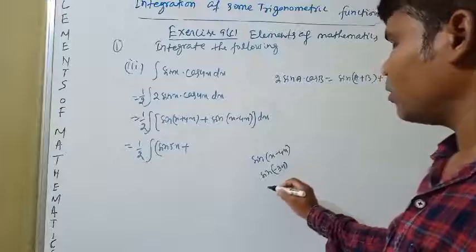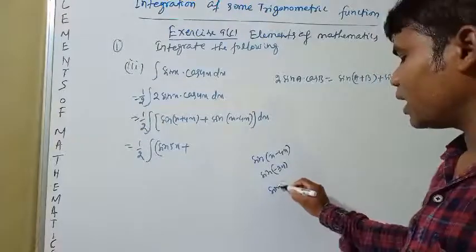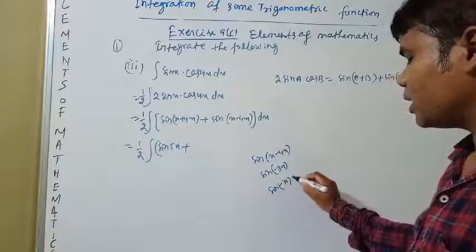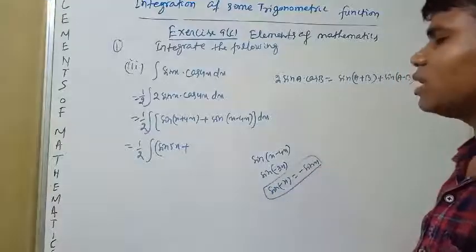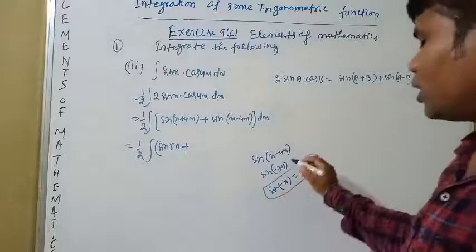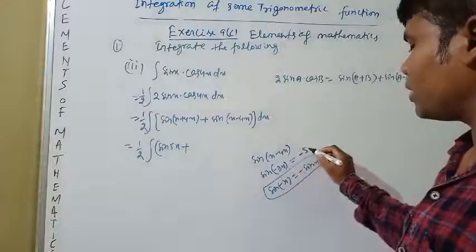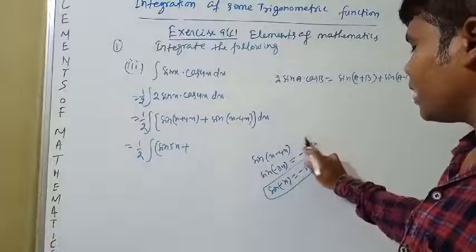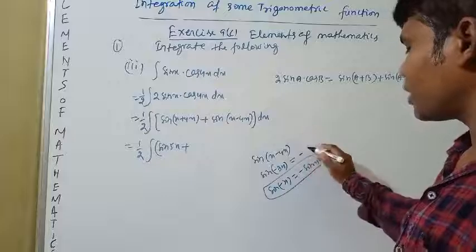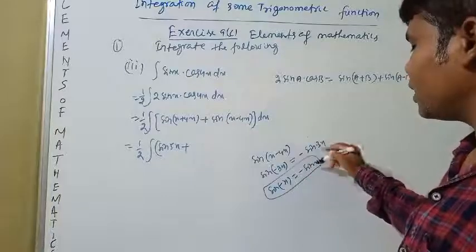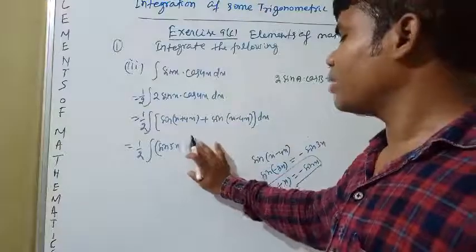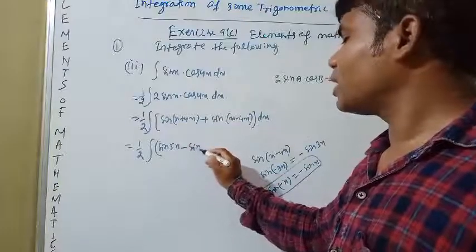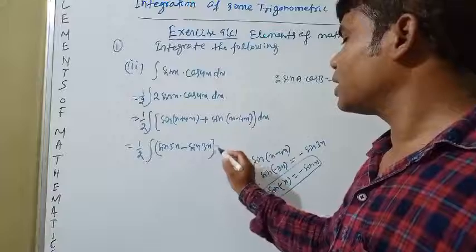You know the formula: sin minus x is equal to minus sin x. So here sin minus 3x equals minus sin 3x. So you write here minus sin 3x dx.